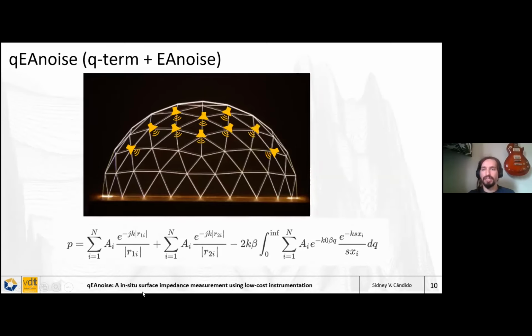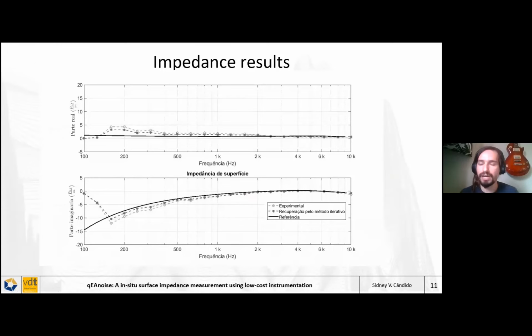So for my results made on reverberant fields, I have these early stage results that are in Portuguese. I'm sorry about that. But the black line is my reference. And as you can see, the lighter gray dotted line is the EAnoise.